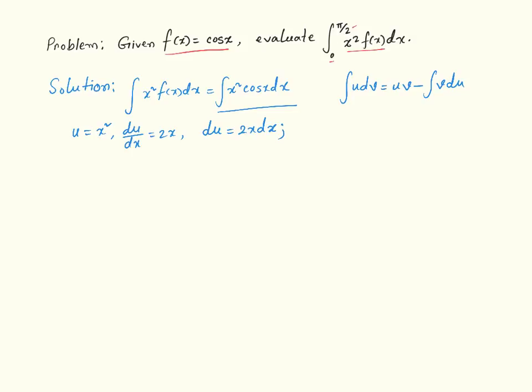Now my dv is going to be cosine of x. Now if I integrate both sides, integral dv is equal to integral cosine of x dx, then I get v is equal to sine of x.